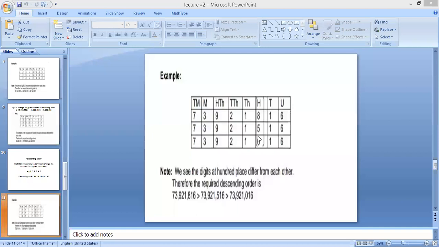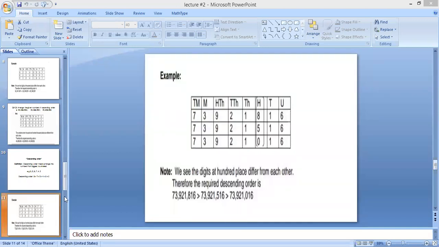For descending order, you will check which number is greater, 8, 5 or 0. Yes, 8 is greater. Then you will write the first row first, then put this symbol greater than, open end to the greater number side. Then you will check 5 is greater or 0. Yes, 5 is greater. Then you will put the second row, and after this you will put the third row. Is it clear, friends?